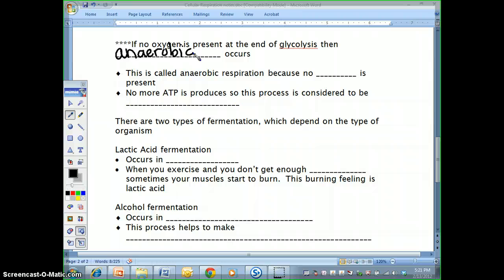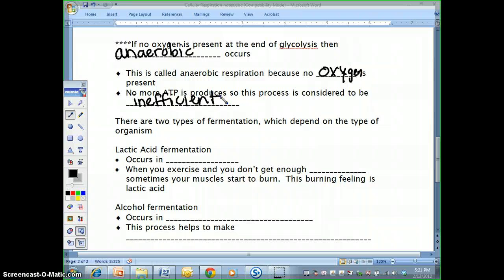This happens because no oxygen is present, and no more ATP is going to be generated, so this process is considered to be very inefficient. You do not want to be performing anaerobic respiration. It is not ideal, but sometimes it happens if you don't have enough oxygen.